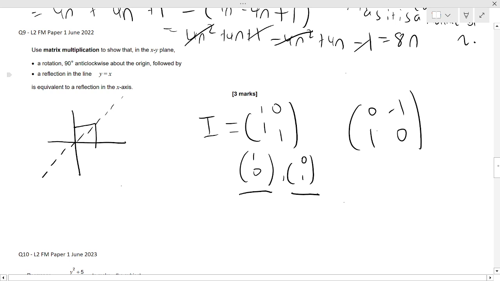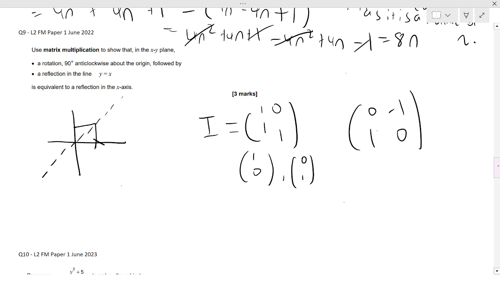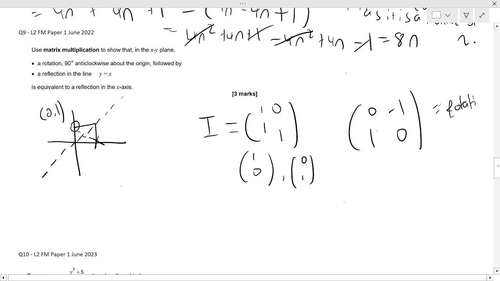Again, you can consider what happens to these two particular coordinates. 1, 0 is here: x coordinate 1, y coordinate 0. That's going to go to this point here, which is going to be 0, 1, sorry.